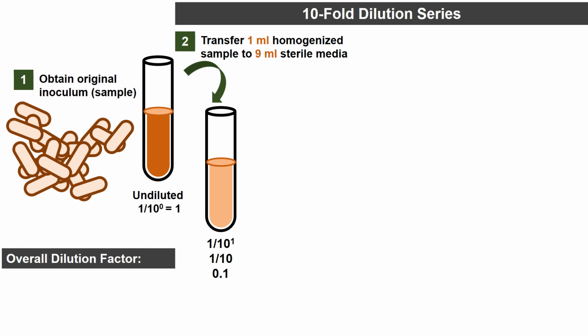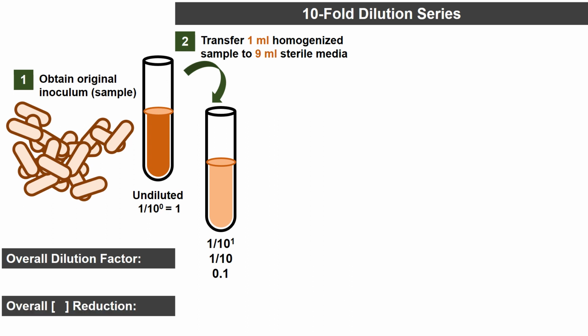It's a tenth. And if you want to write it down a little differently, you can represent it as 1 divided by 10 to the power 1, or 1 divided by 10. And so you could see how that relates to the undiluted tube, where it was 1 divided by 10 to the 0, where 0 represented the original sample, and now 10 to the first, where the power 1 represents our first 10-fold dilution.